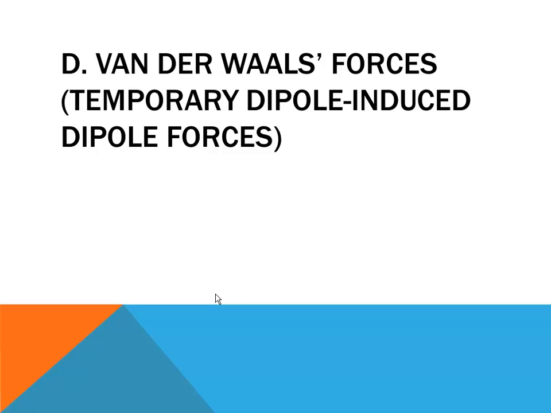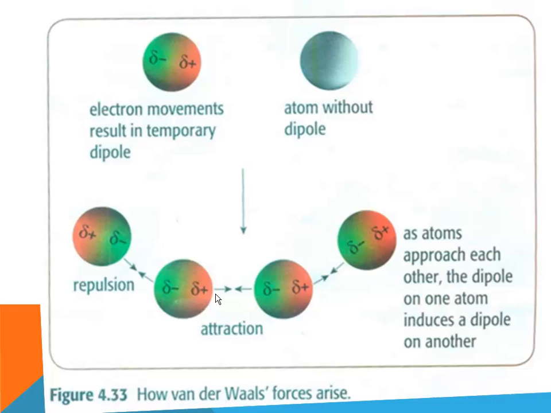Alright, van der Waals forces. These are called temporary induced dipole forces, or London dispersion forces, but they're temporary. Temporary means that the positive and negative charge moves, and this all depends on the electrons.